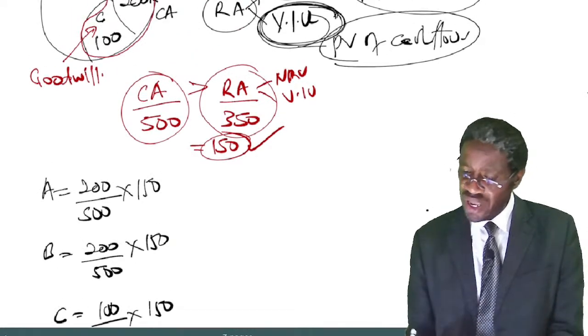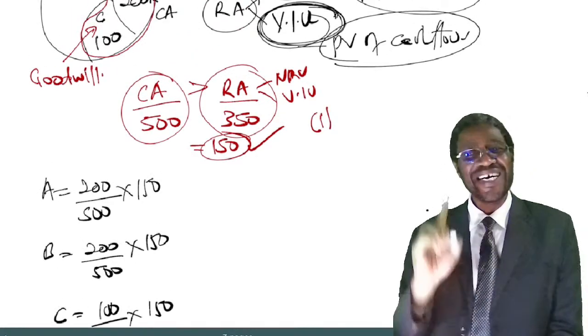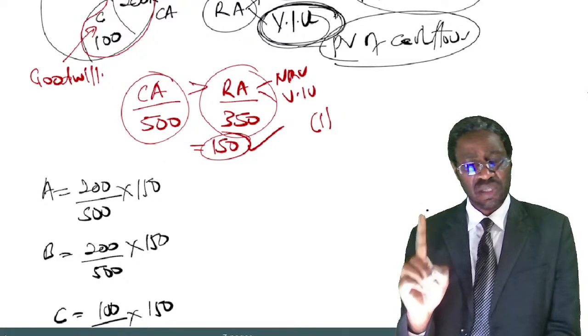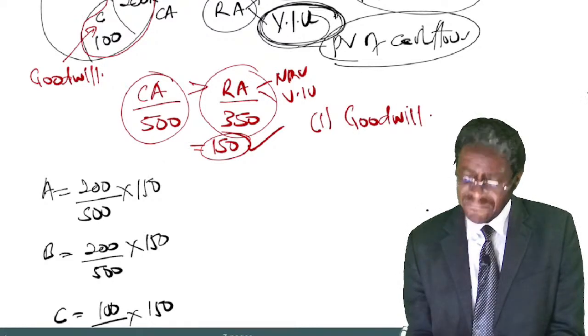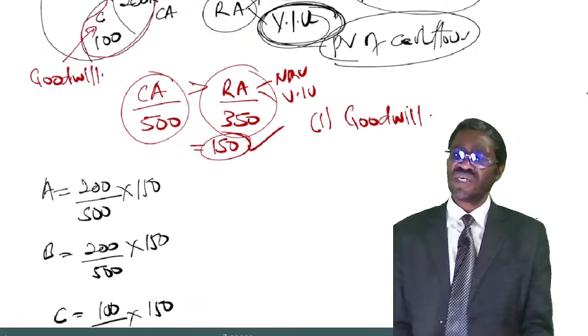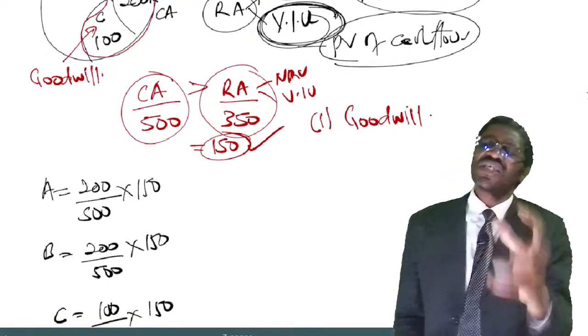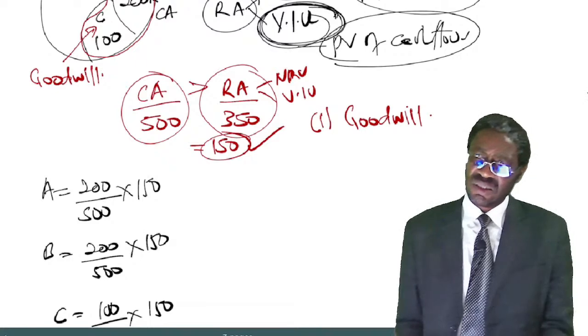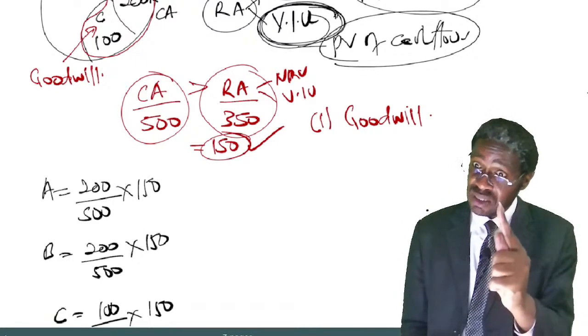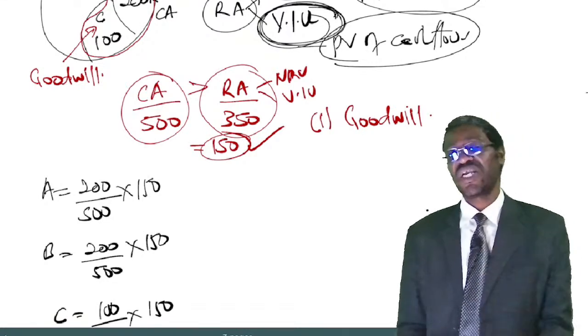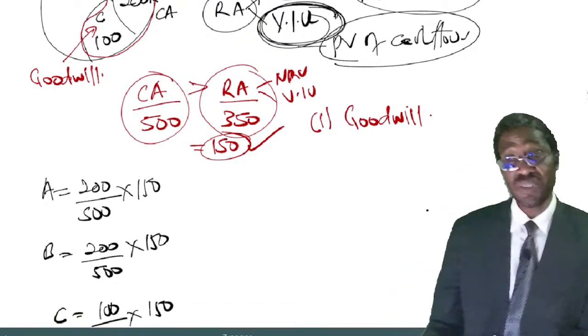You are now required to first write off any carrying amount of the goodwill. You cannot say the unit has suffered and then still keep goodwill in that unit. No. You first eliminate or write off the carrying amount of that goodwill.